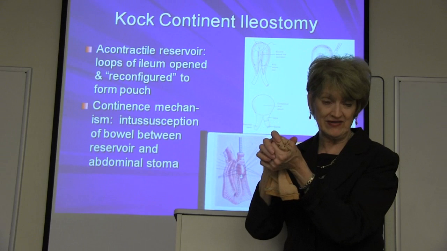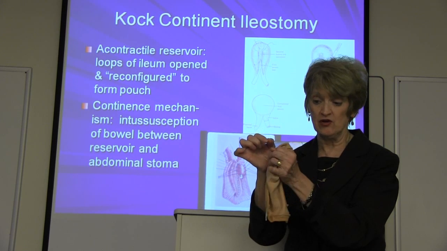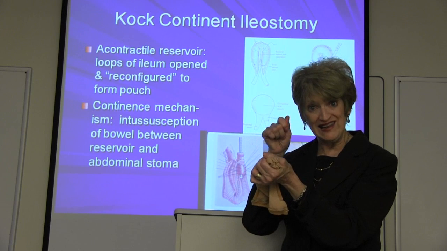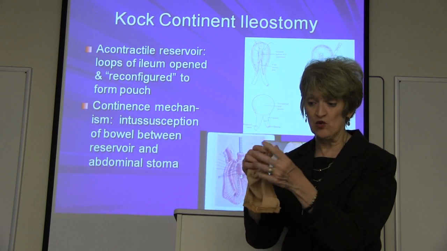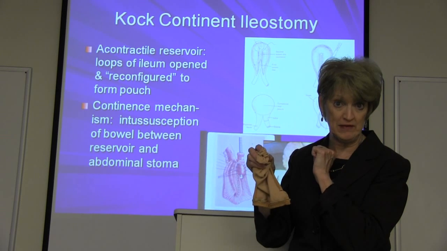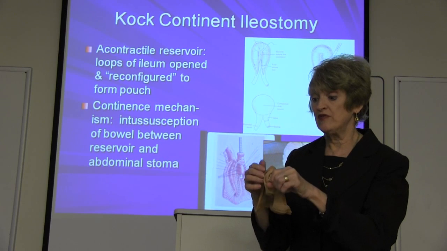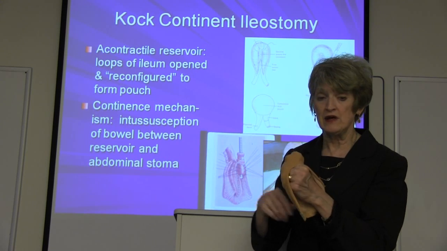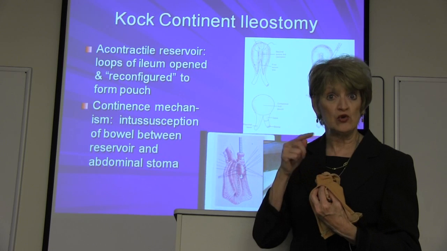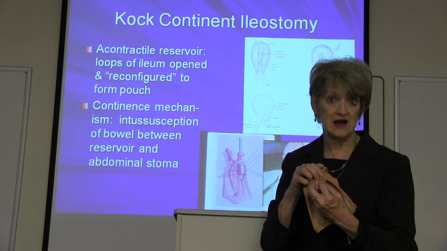Now think about the fact the ileum is only an inch in diameter and it's muscular. So if you pull a 1 inch structure back on itself, it's going to collapse down and look like this. It's not going to be an open path. Remember also that in opening up the loops of bowel, you interrupt the muscle fibers, and so this is a non-contractile reservoir.